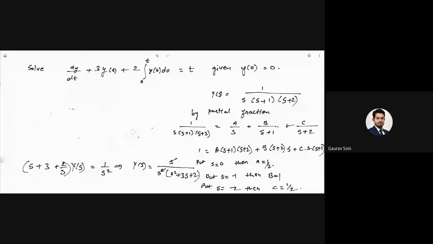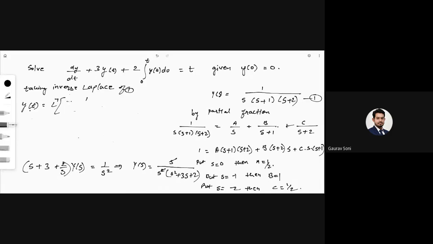So I will write, taking inverse Laplace transform. So we'll have y of t is equal to Laplace inverse of 1 upon s, s plus 1, s plus 2.